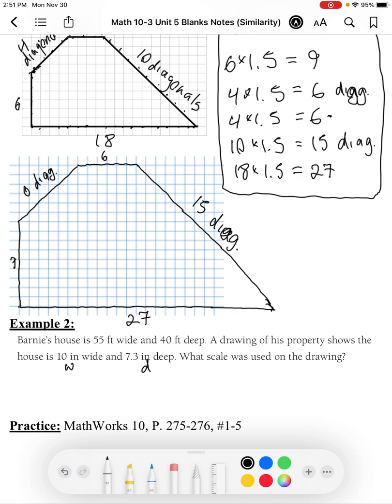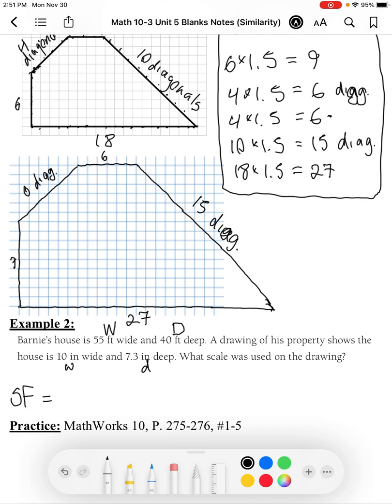And for the actual house, I'll use an uppercase W and an uppercase D. Now the scale factor is the scale diagram over the original, or the new over the original, so the drawing is the new and the actual house is the original.